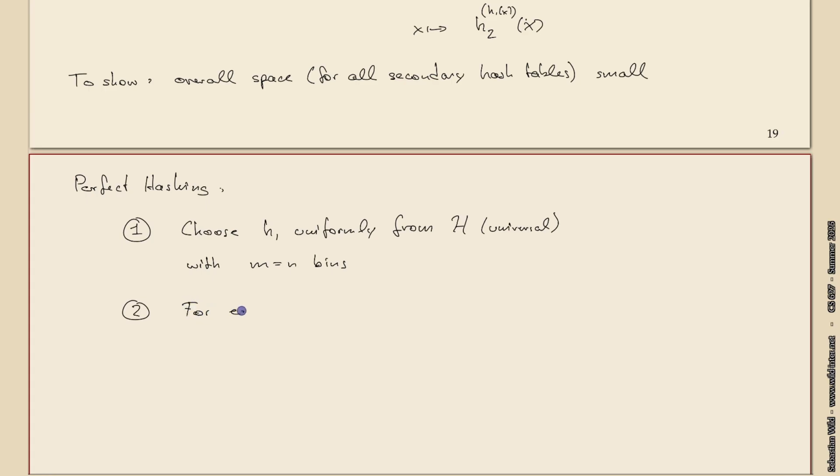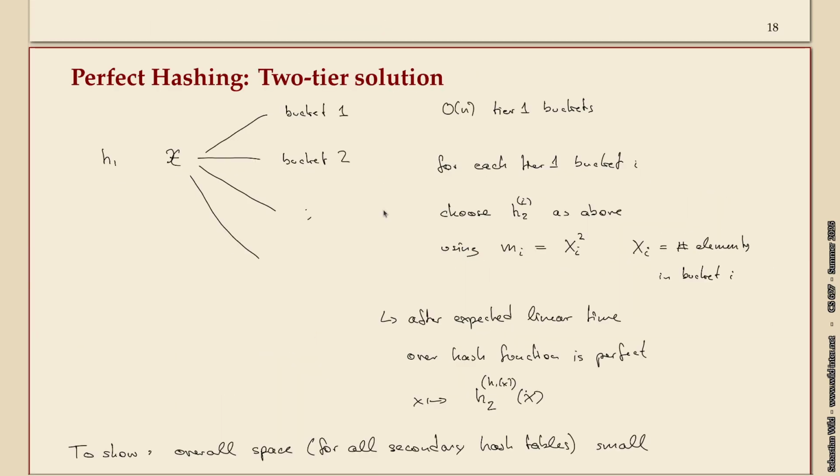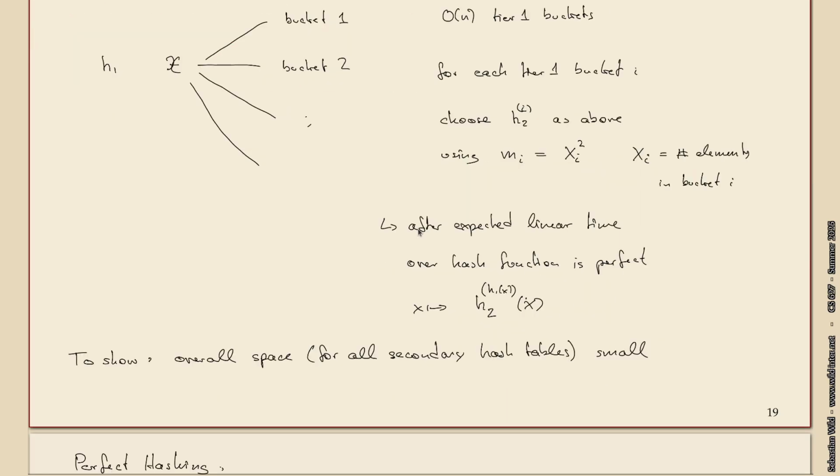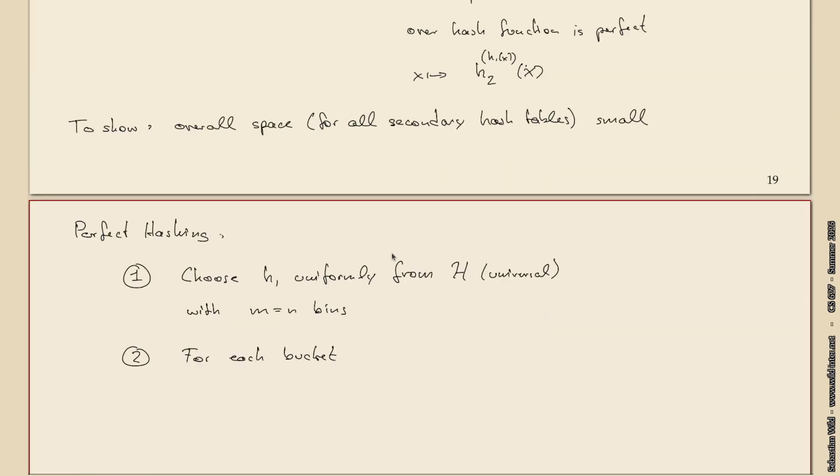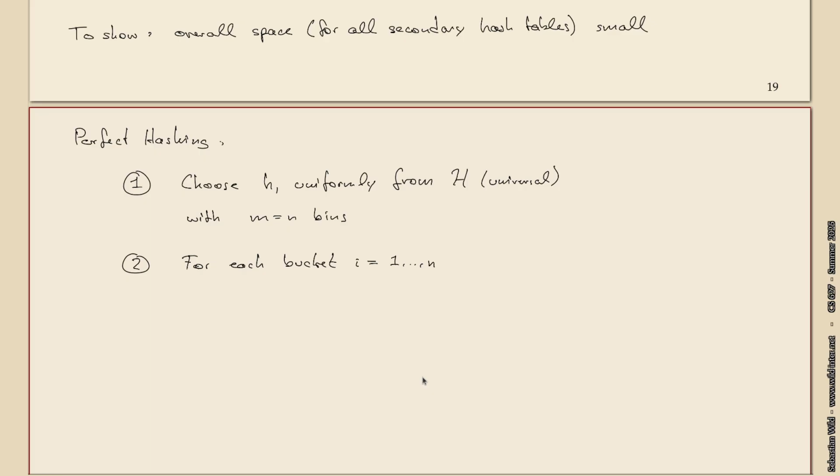And for each bucket, do we have notation for the buckets? I think we only had the size of the buckets. Let's just say for each bucket i, and this goes from 1 up to n. Now we only need to do something if there's some elements in there.